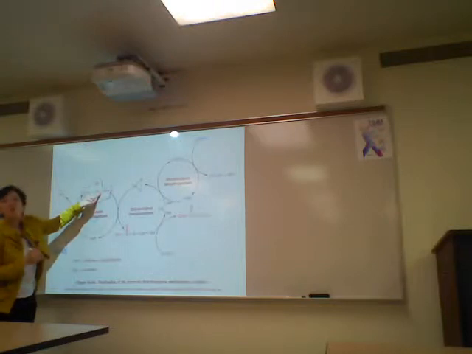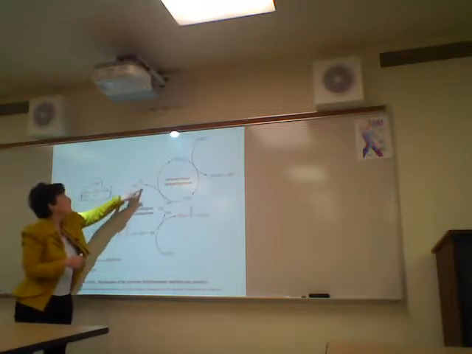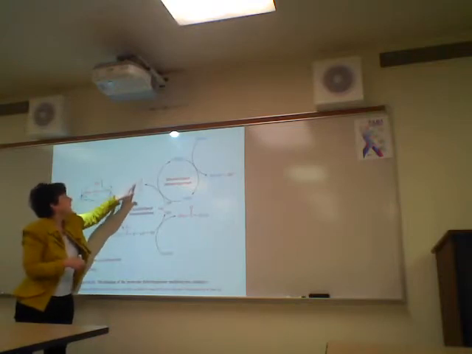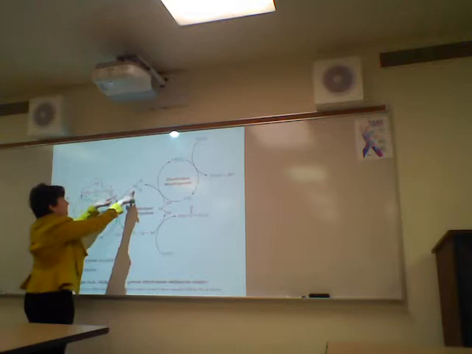The TPP comes up and binds, that carbon binds to the sulfur on that group. Right, so TPP exchanged away for our nice little lipoamide. So this little coenzyme now gets the 2 carbons.